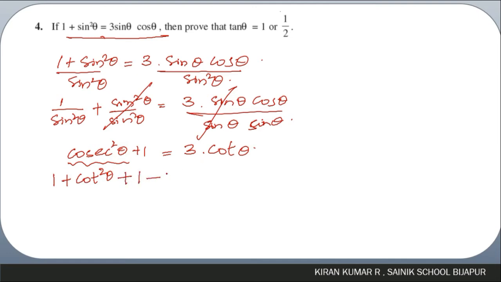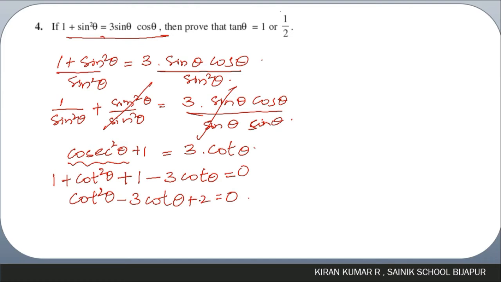Let me transpose this 3 times of cot theta to the other side, equal to 0. Here we have 1 plus 1 added becomes 2. So cot square theta minus 3 times of cot theta plus 2 will be equal to 0.